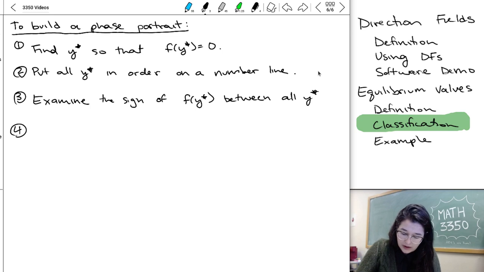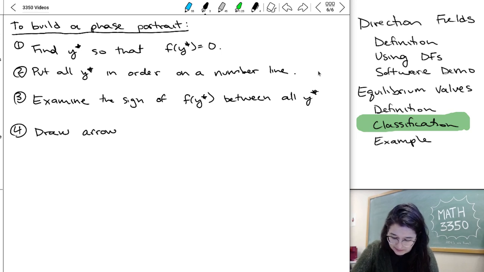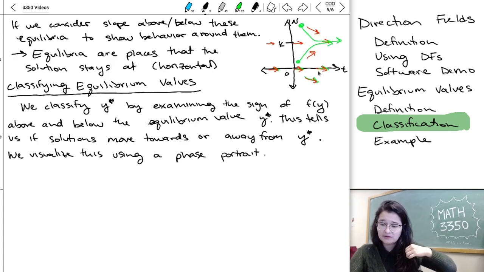And then step 4 is where we're going to be a little bit different from the direction field. We're going to be drawing arrows on the number line that we've built, so that would be this n-axis on this picture.